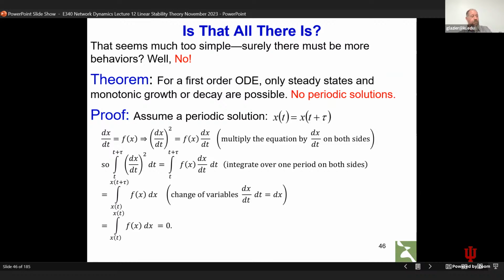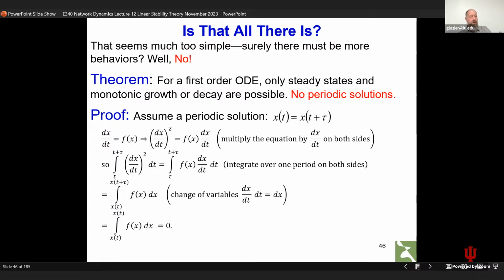Well, let's see what happens to the right-hand side. The integral of dx/dt times f... usually you can't cancel dt's, but in this case, inside of an integral, you do. It's a change of variables. And so you wind up with the integral of f of x from x of t to x of t plus tau.